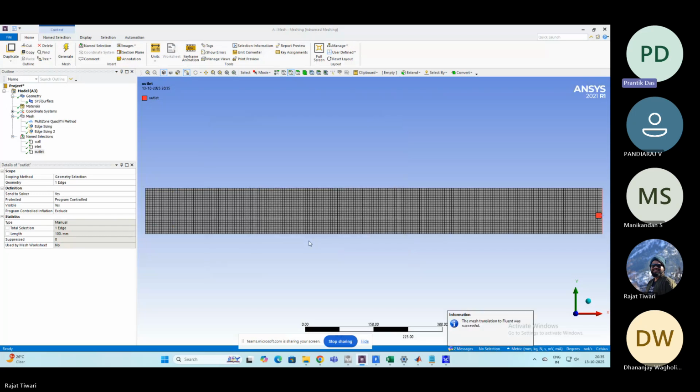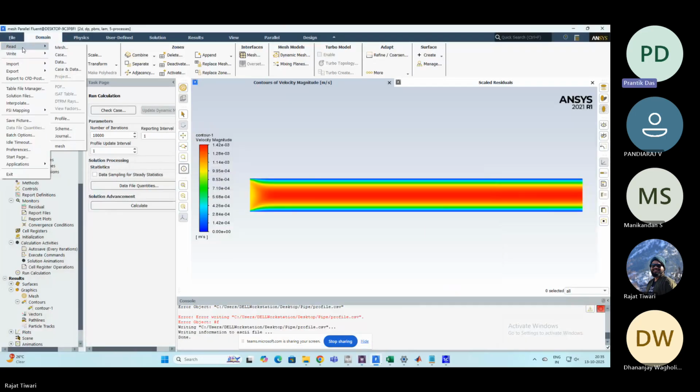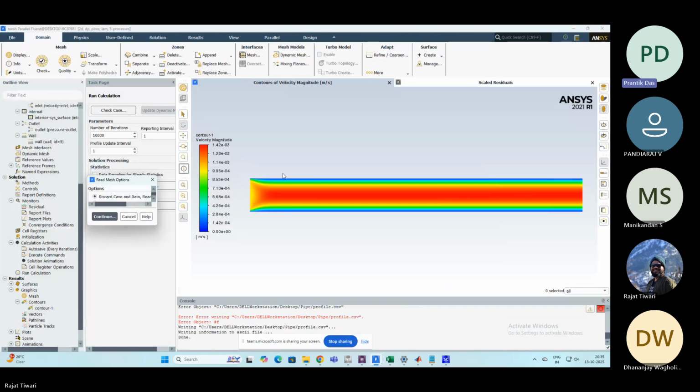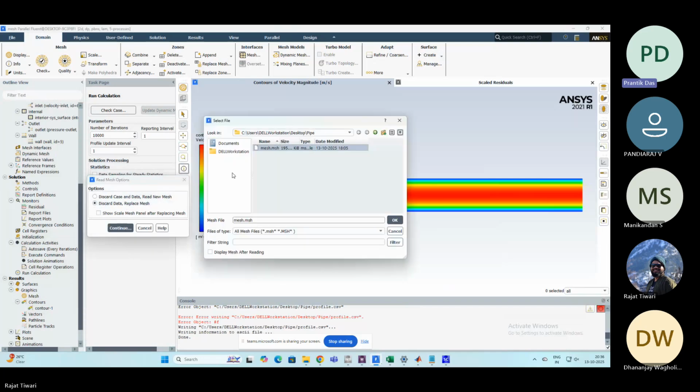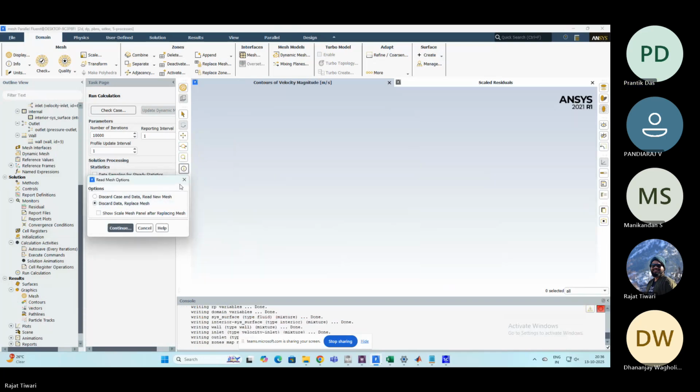So this actually gets saved, and then what you can do is go to read, then mesh, and you can replace mesh.